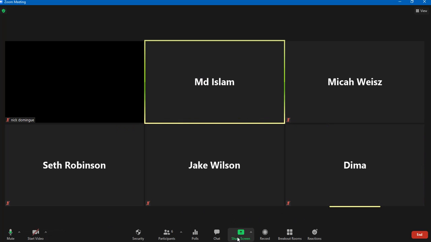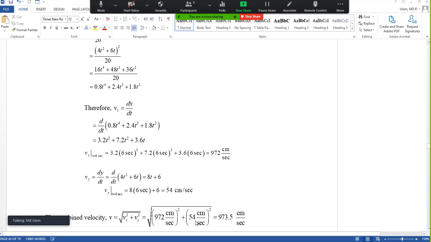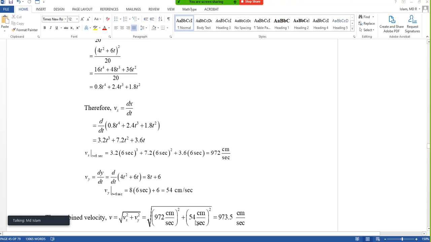Okay, so if I go to my share screen. For the others, what Dima asked is whether this question will be in the MCQ. No, never. It will take at least 20-30 minutes. But again, the concept is the same, just many mathematical operations, nothing else.